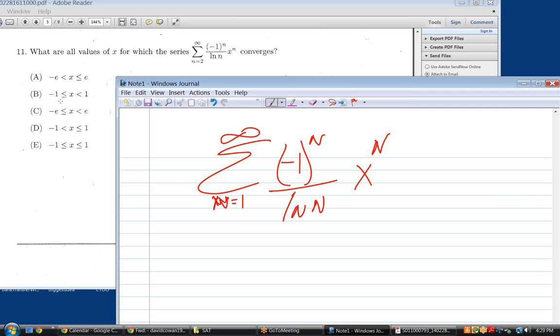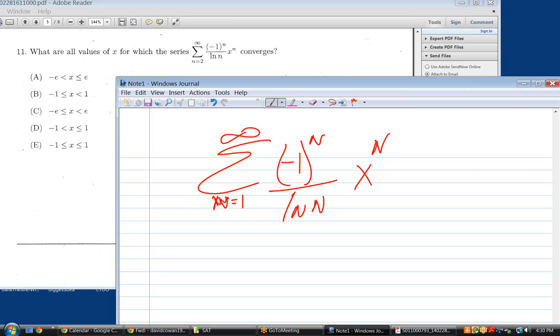So the question is, is it B, or is it D, or is it even E? Well, the way we discover it is if we substitute -1 for x. Does this series converge? And then we go back and substitute 1 for x.